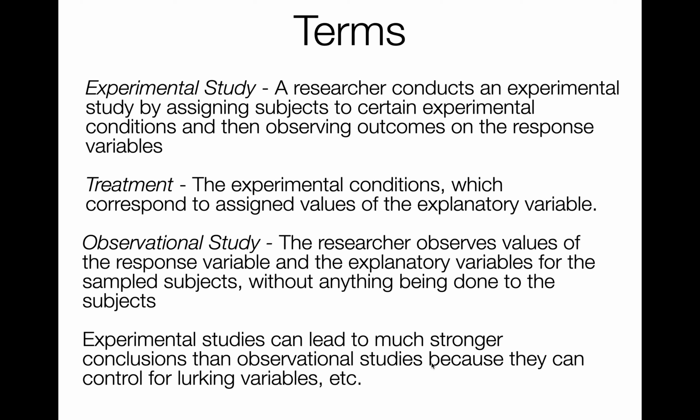So what that means is that in an experimental study, which are often about humans, but they can be about other things, the researcher will try to look at the whole picture, or everything that could possibly go into how the response behaves.